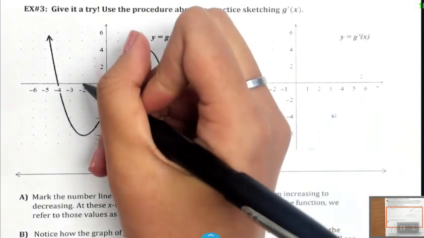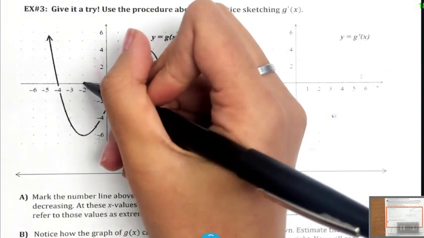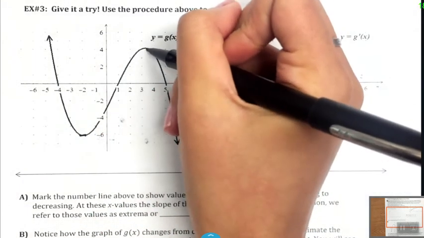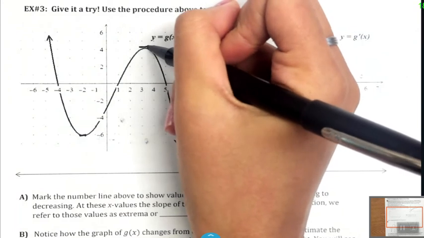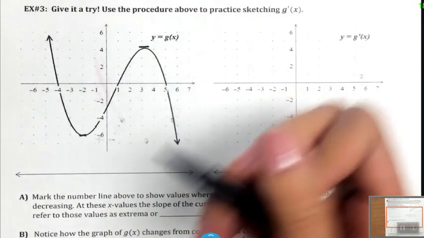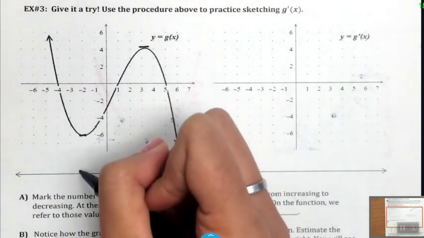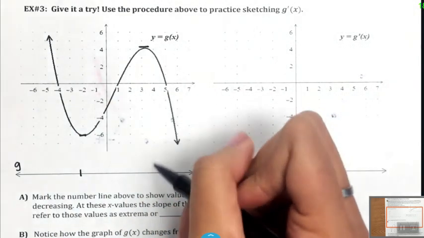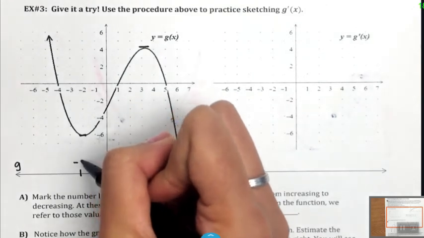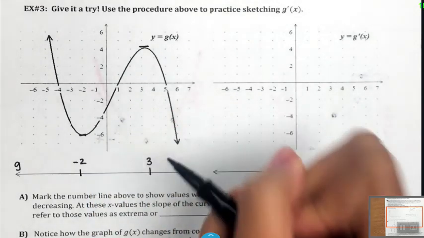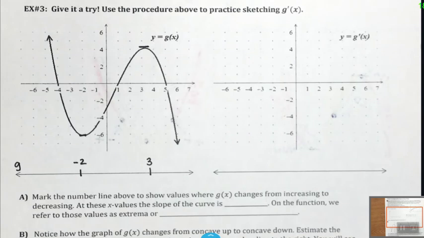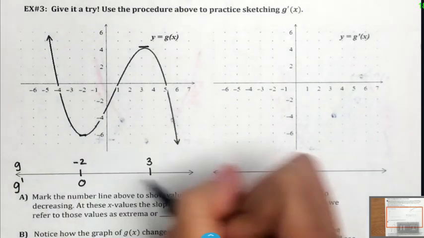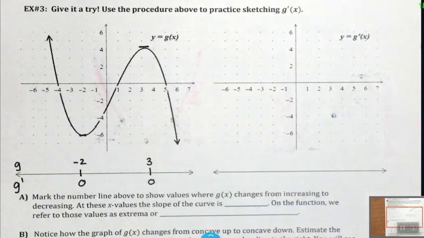So, I like to look at this graph and I like to say, oh, here at -2, the slope of my tangent line is 0, and at around 3, maybe 3.1, the slope of my tangent line is 0. So if I do a graph, here's G, and then here's at -2 and at, let's say, 3, to make it easy. G prime is what? 0 and 0, right?